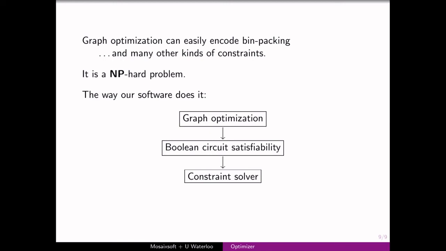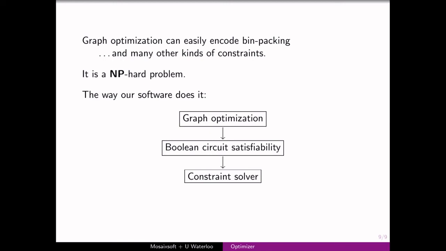Now, this graph optimization problem and even the seemingly easier bin packing problem are both NP-hard, which means that we do not anticipate that there's an efficient algorithm for them. So then, of course, the natural question is, well, what is our secret sauce in our software? So here, somewhat abstractly, I say what it is.